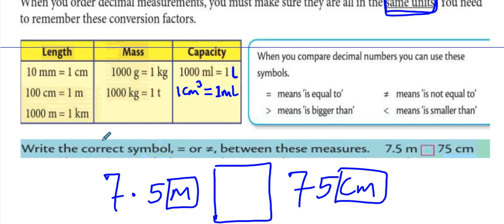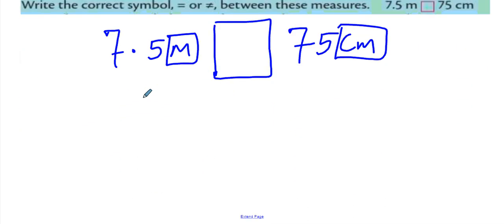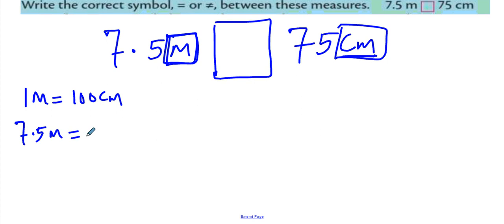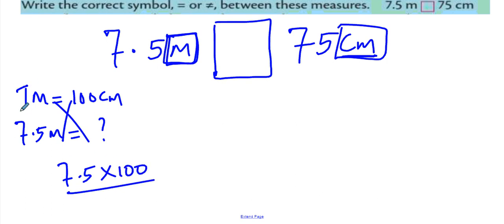The conversion factor between meter and centimeter is that 1 meter equals 100 centimeters. So we are supposed to change meters into centimeters. So 1 meter equals 100 centimeters from the above table. How about 7.5 meters, will be equal to what? Cross multiply. So this will be 7.5 multiplied by 100, then divide by 1.